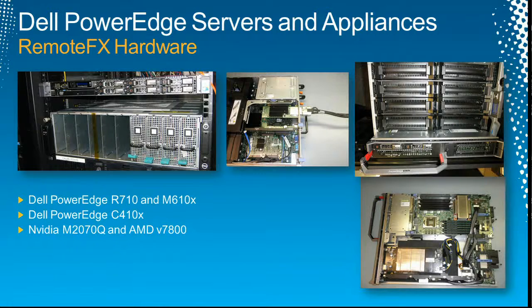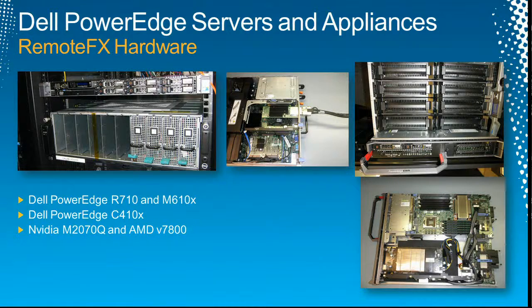And that riser card is taking a host interface card. And that host interface card is a PCI connector to an appliance, and that's the left-hand side. And that left-hand side holds 16 GPUs. So I have a 16 GPU enclosure that runs a cable. The cable runs into either the R710 or the M610X.